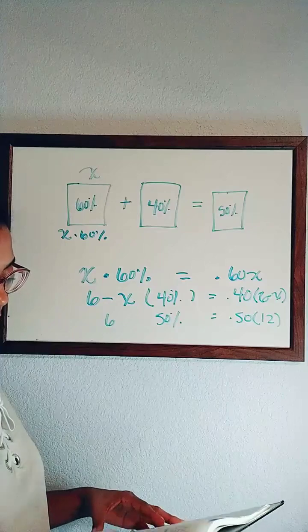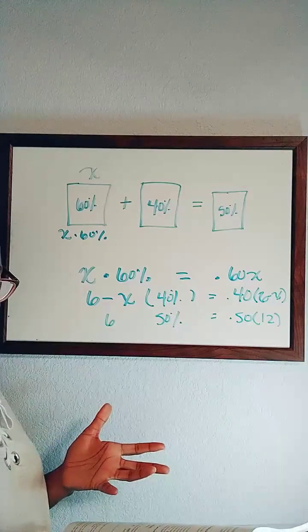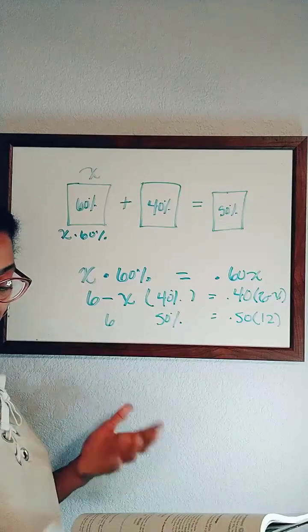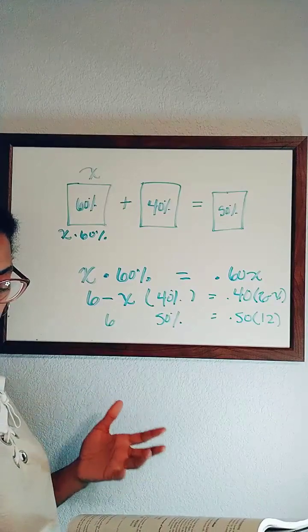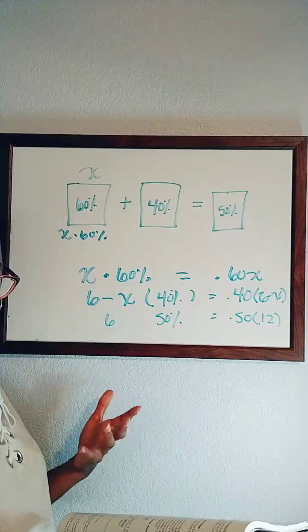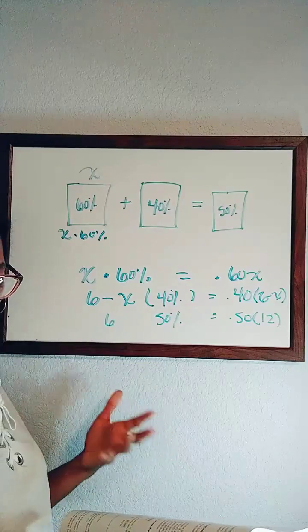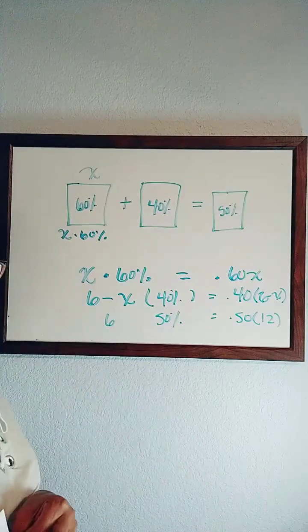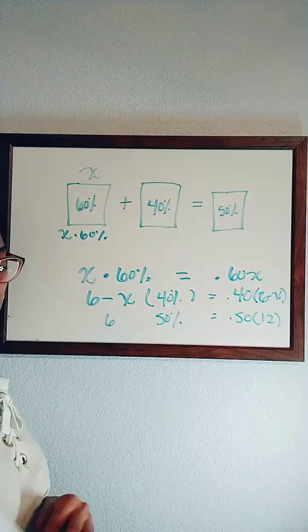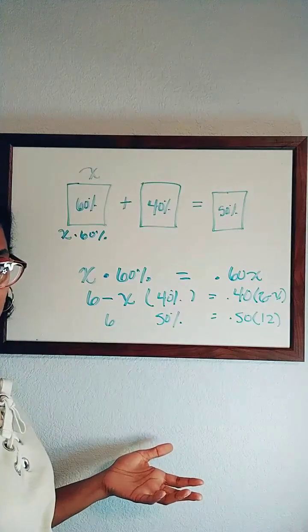Whenever they ask, like this question right here says: a chemist is working on his doctoral degree. He needs 12 liters of a 50% acid solution. He only has a 40% and a 70% solution. How much of each solution should be mixed together to form 12 liters of a 50% solution? So they already gave you 6 liters.